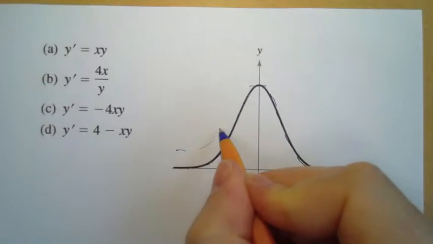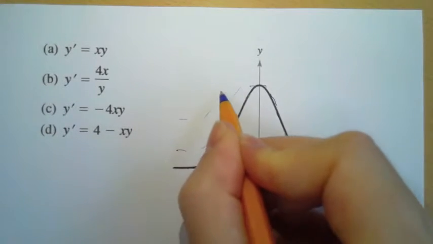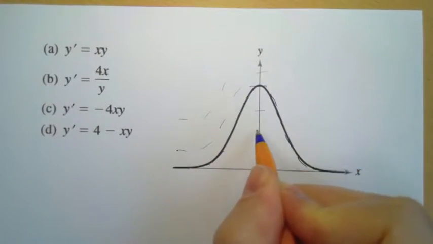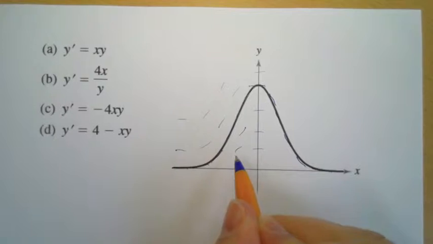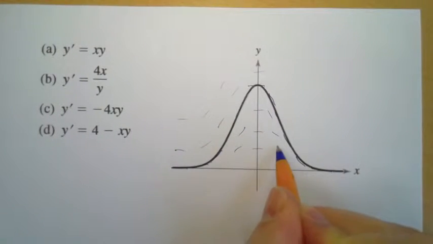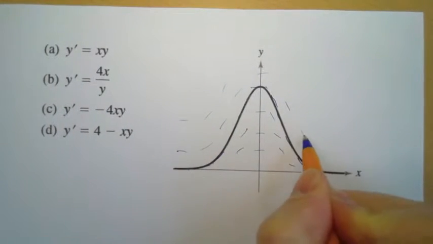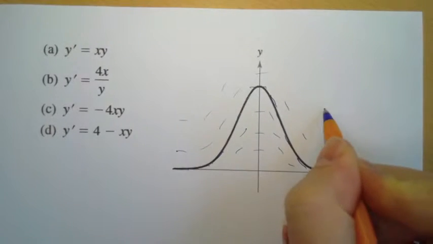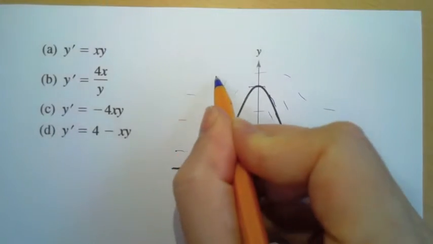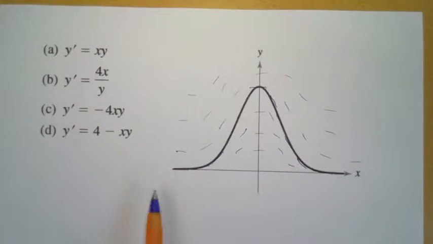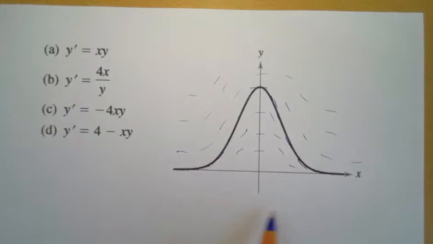So maybe I'm just going to make up ticks elsewhere. We may assume that the slope field looks something like that. As we know, it always kind of has a flow. So maybe the slope field is made up of ticks like that, and who knows what happens below.